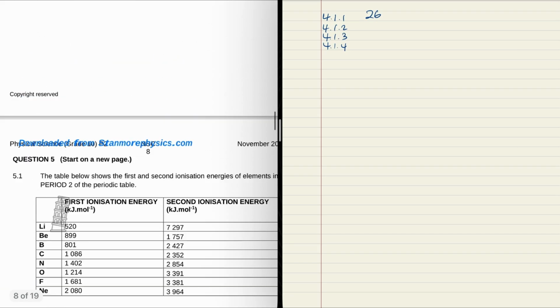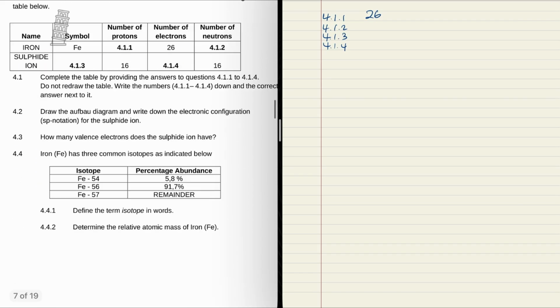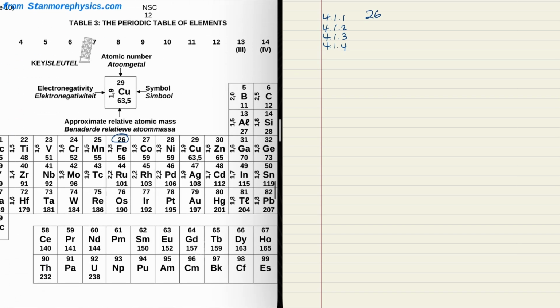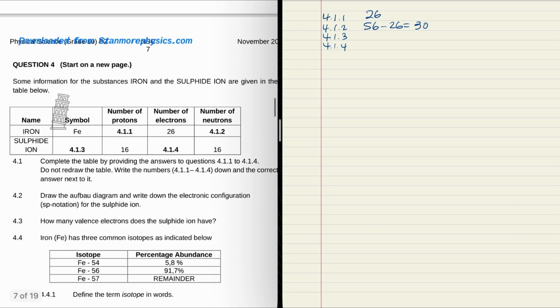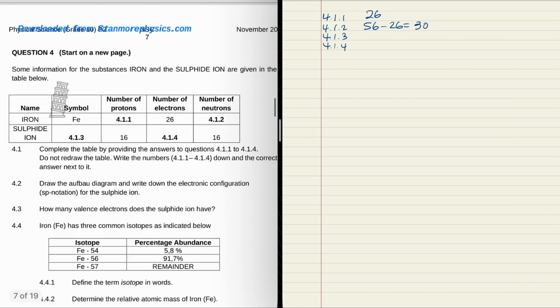Let's move on to the next one. 4.1.2, the number of neutrons of iron. To calculate the number of neutrons, you simply take the mass minus the atomic number. So 56 minus 26 is equal to 30. Question 4.1.3, the sulfide ion. The sulfide ion is sulfur that has either gained or lost electrons.